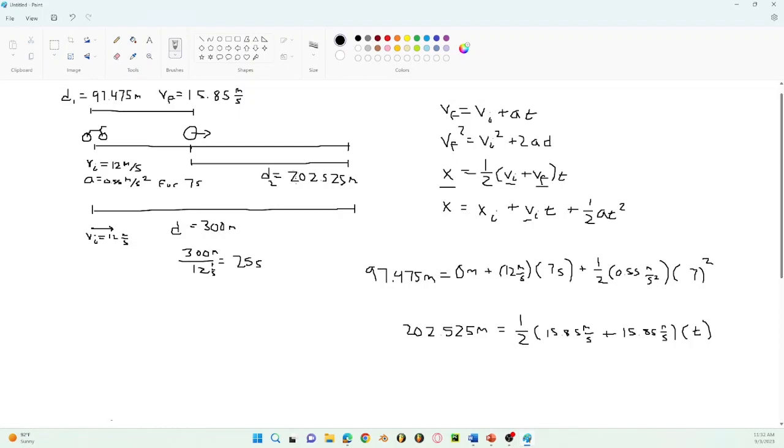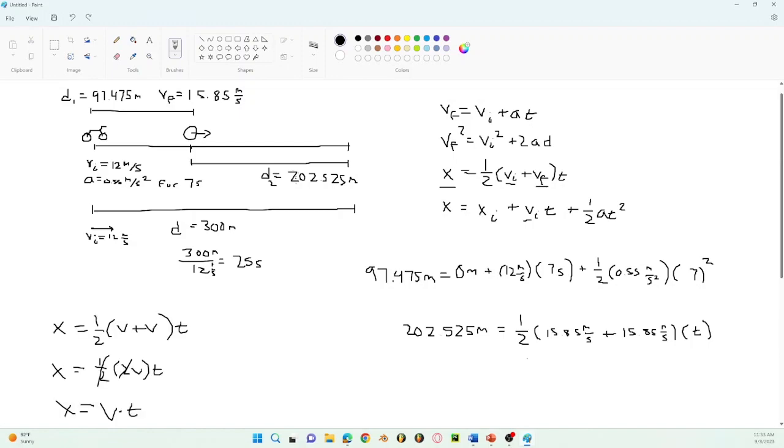Okay, so we have that. Now we're looking for the time. All we would need to do is manipulate this algebraically, multiply both sides by 2 to get rid of this half. Or actually, no, I don't even need to do that.